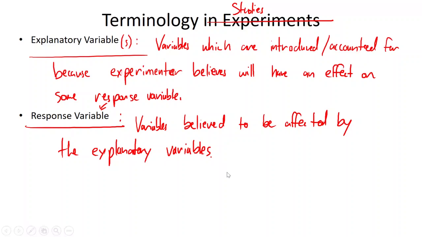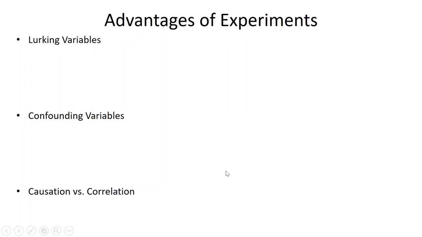All right? So the advantage of experiments, as we talked about a little bit, is that you have a lot of control. The main thing that you're trying to control for when you do experiments is lurking variables and confounding variables.